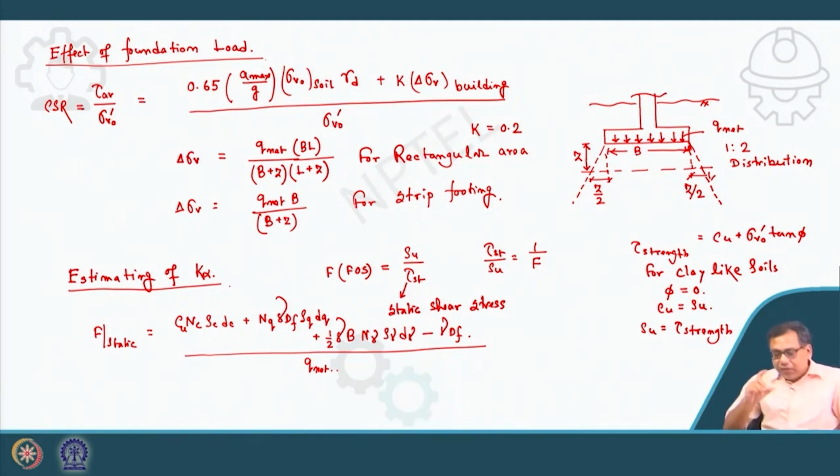Okay. So first, whether it is a sand or clay, you calculate the factor of safety. So you calculate the net load carrying capacity of that foundation, divided by the amount of stress actually acting on the base, then you will get the factor of safety. Now if you take 1 by F, then you will get the ST by SU.